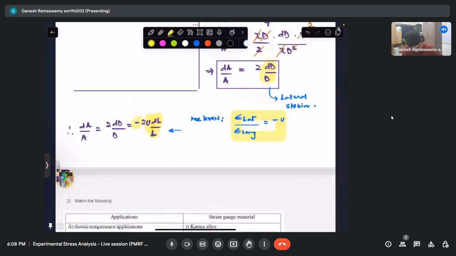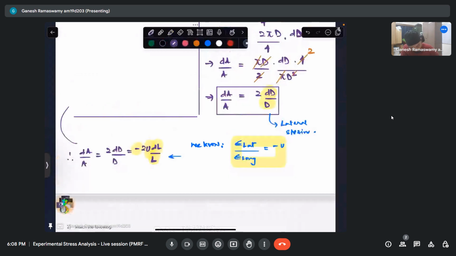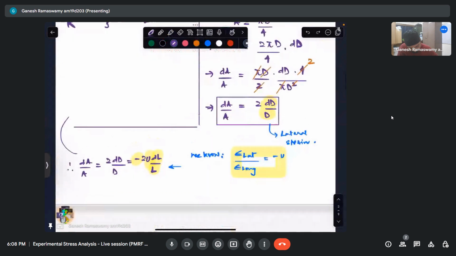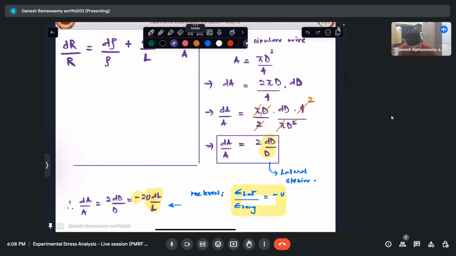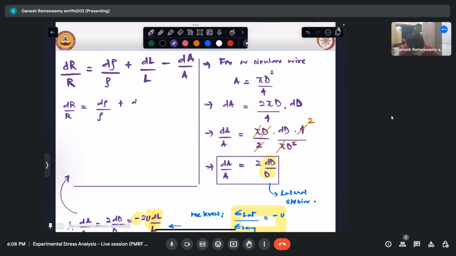So let me go back and substitute this here. What do I get from the equation now? This gives me dr by r, which is nothing but d rho by rho plus dl by l minus of minus 2 mu dl by l.